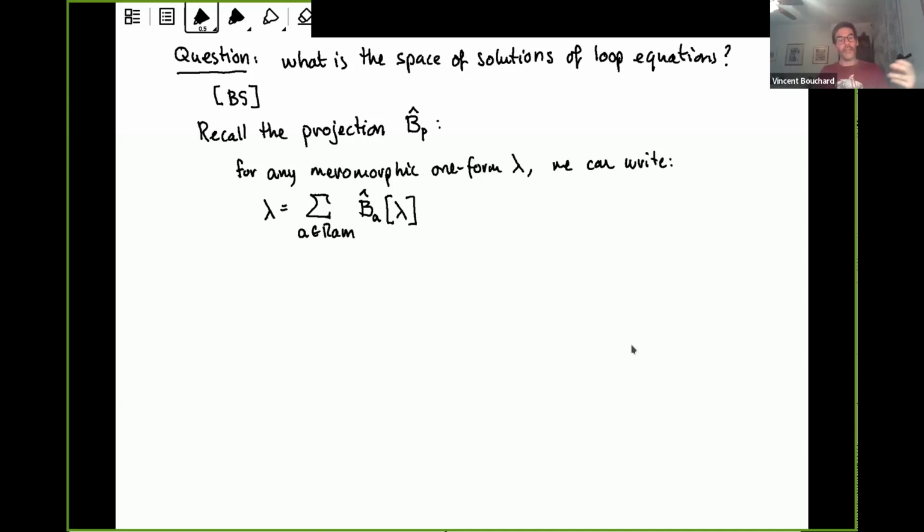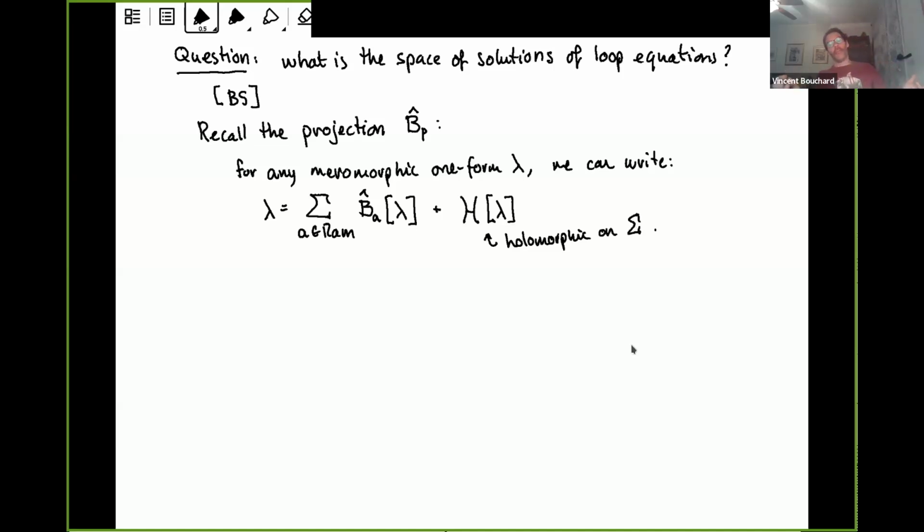This constructs a one form that is the sum of the principal parts of the original lambda, but this is not usually equal to lambda. So there's going to be an extra term, which I'm going to write h of lambda, and that extra term is going to be a holomorphic one form on the Riemann surface.